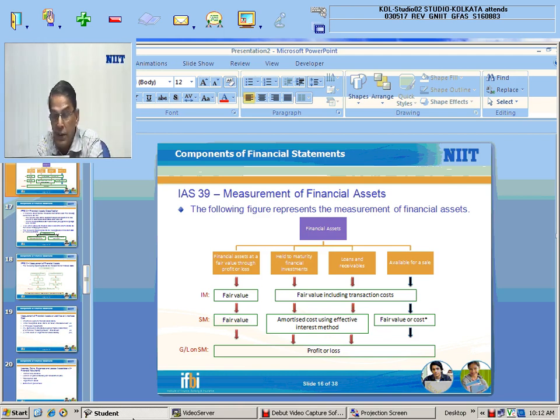The transaction cost gets capitalized, and subsequent measurement happens at amortized cost, whereas available for sale have subsequent measurements all at fair value. So this is the IAS 39 guidance regarding initial measurement and subsequent measurement of different types of financial assets.